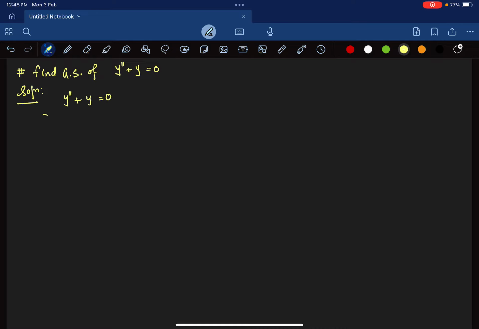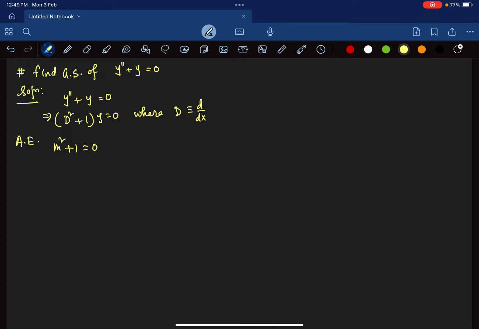So y double dash plus y equals 0 can be written as (D square plus 1) y equals 0, where D stands for the differential operator. So immediately the auxiliary equation you can write: in place of D you can write m. So m square plus 1 equals 0. This is the direct method.